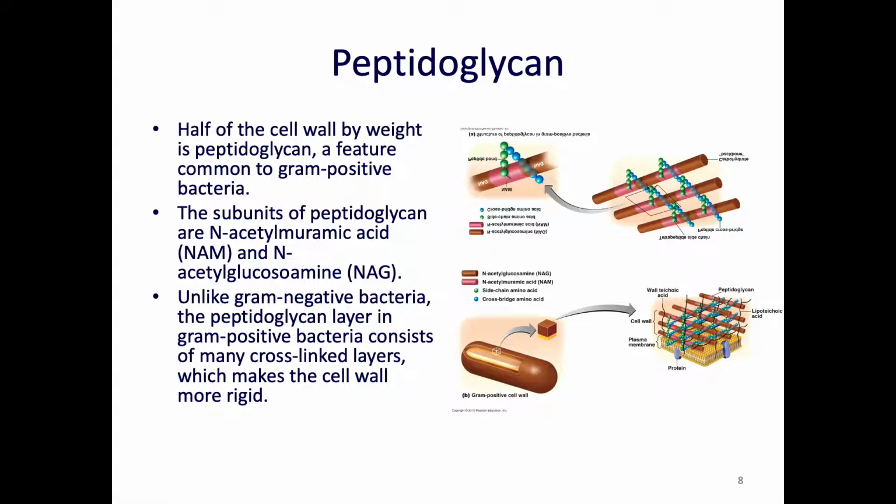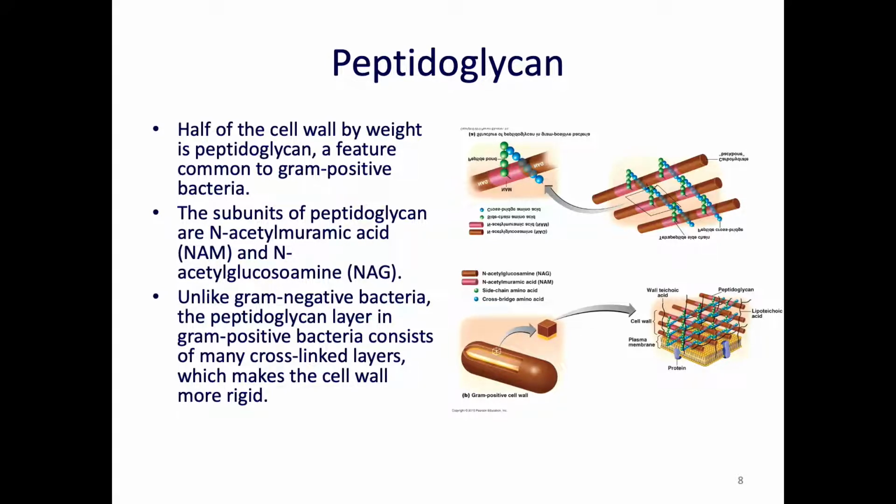Half of the cell wall by weight is formed by peptidoglycan. This is a feature which is common for gram-positive bacteria. The subunits of peptidoglycan are N-acetylmuramic acid and N-acetylglucosamine, NAM and NAG.